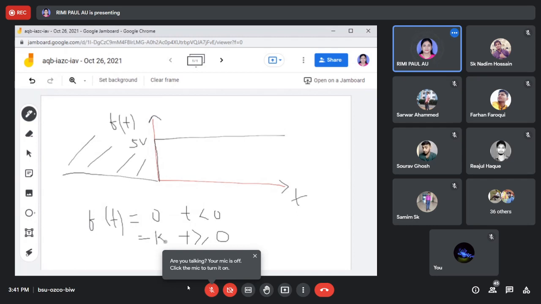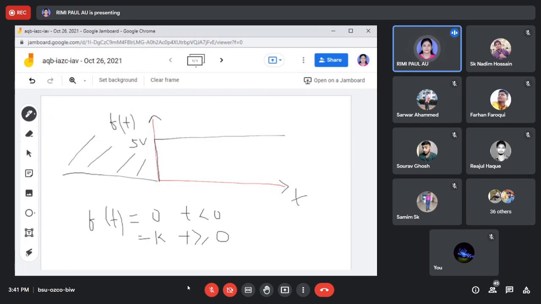Okay, so if I say that f(t) is a step signal, then write the function of this step signal. So how will we write? f(t) is equal to 0 at t less than 0, f(t) is equal to k for t greater than or equal to 0, k may be 1, 2, 3, 4, 5 up to n numbers. Okay, so this is our step signal, this is a constant signal.